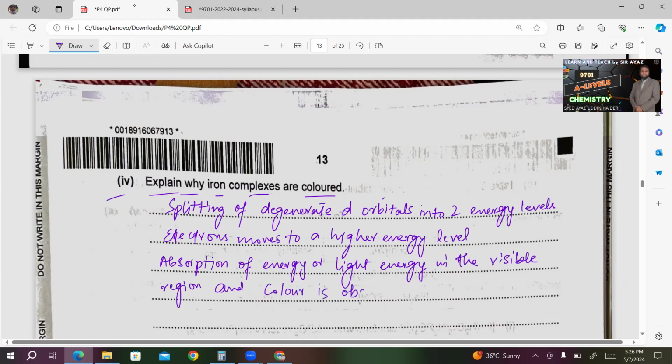We see colors other than the absorbed color.